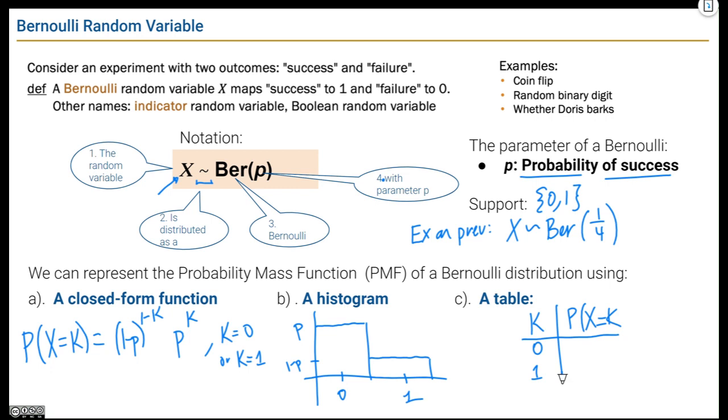So in general, the success is P, and I'm calling that a 1. And then the probability of the other option is 1 minus P. All right, so that's one of the most basic and common random variables. And now we're actually going to build on this idea to get our next random variable.